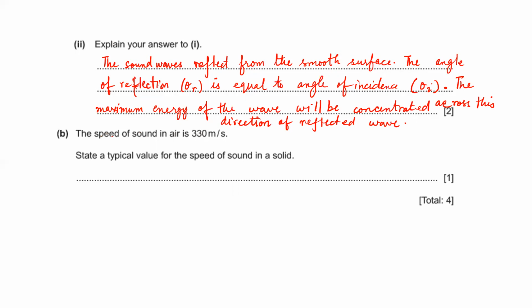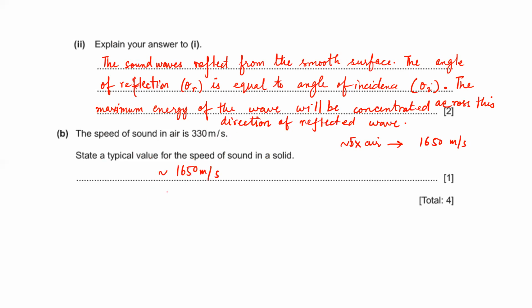So then the question part is: the speed of sound in air is 330 meters per second. State a typical value of the speed of sound in solids. Typical value generally is about 5 times the value in air. So multiply 5 times 330, which is approximately 1650 meters per second. So you can always write 1650 meters per second.